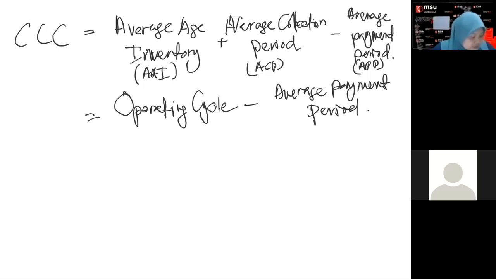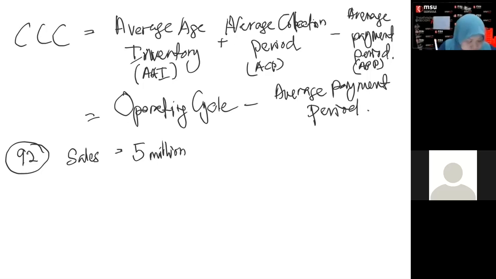All right, so let us go to the example on page 92. Super Berhad has annual sales of 5 million, with cost of goods sold of 3 million.